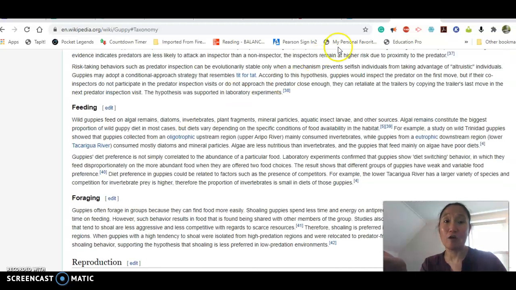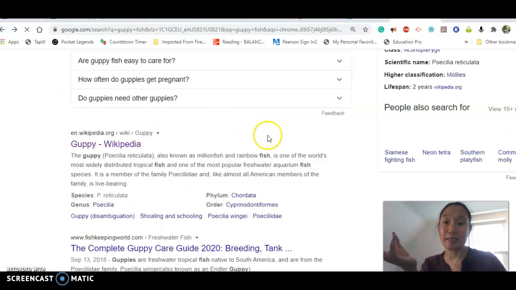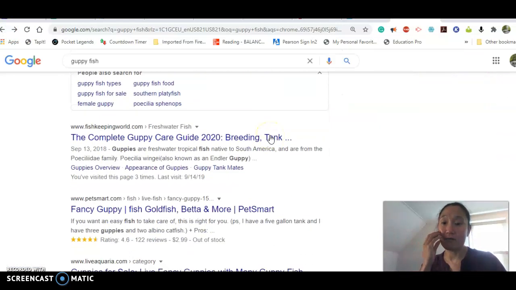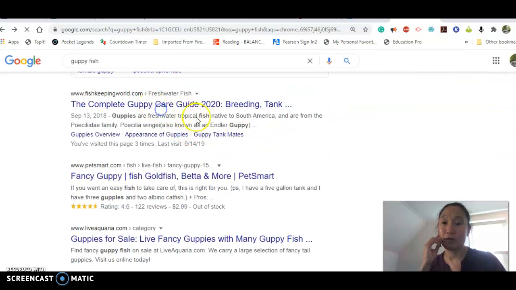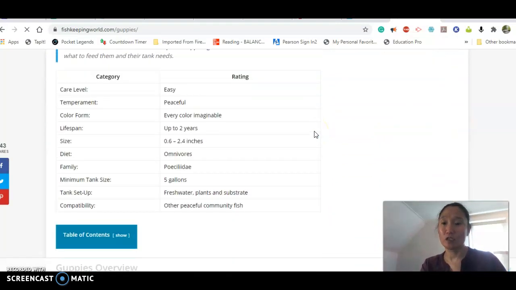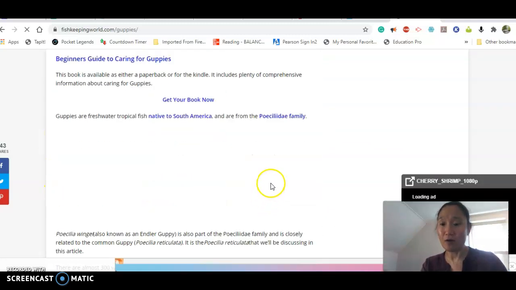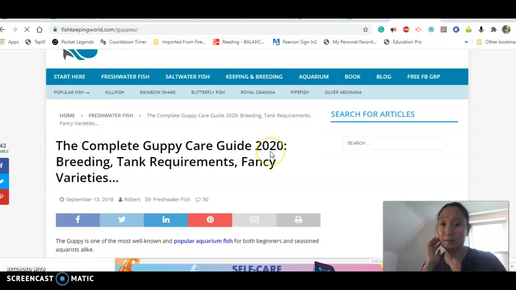How do you care? And if you go back here on the website, you also have care here. So how do you take care of a guppy? So yeah, this is all good stuff about guppies.